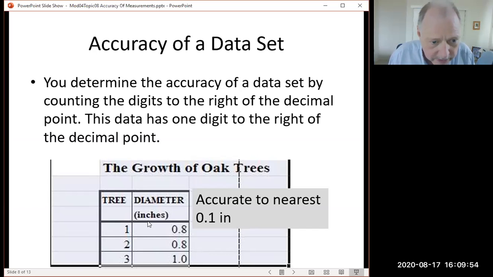And ordinarily, you want all of the data in your data set to be equally accurate. Sometimes one of the values is known better than the others, but usually not. Usually it's a mistake with the display format if you see different numbers of digits.